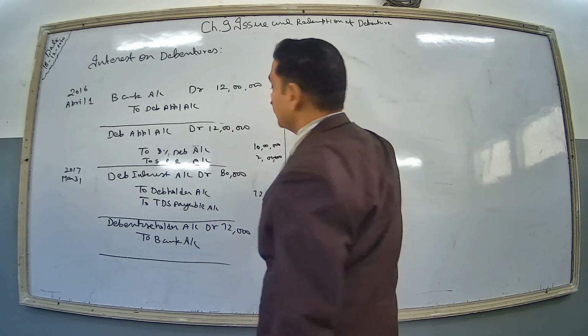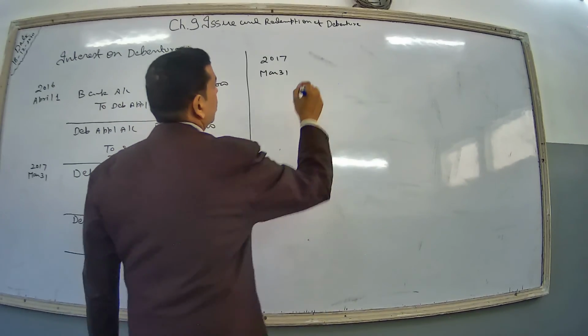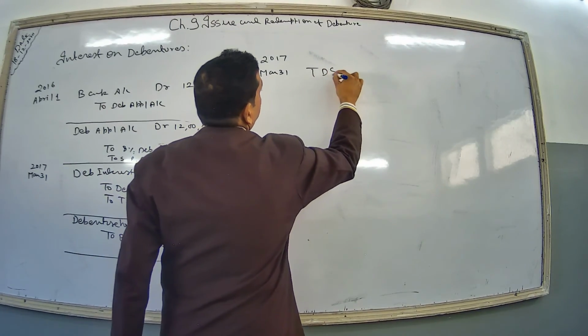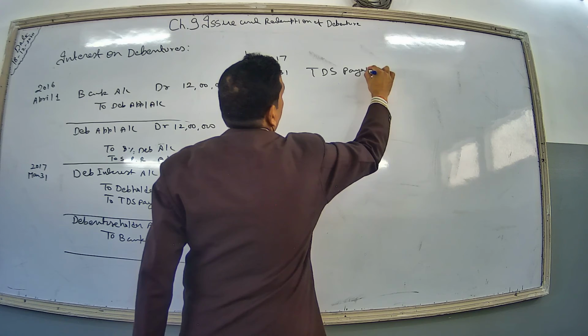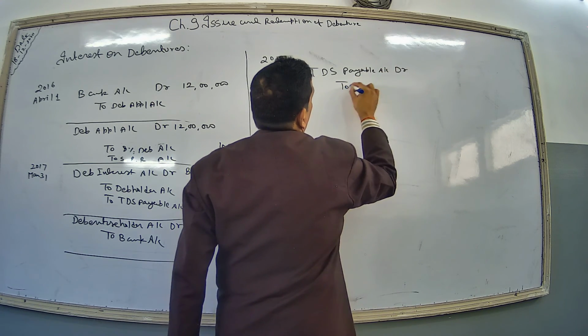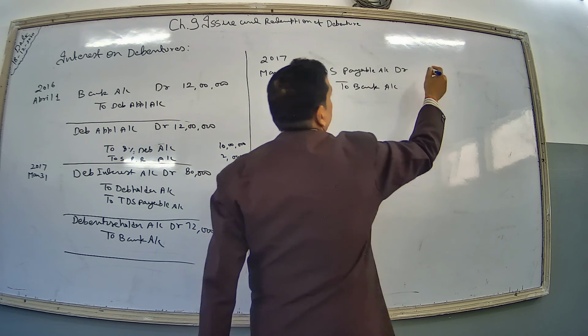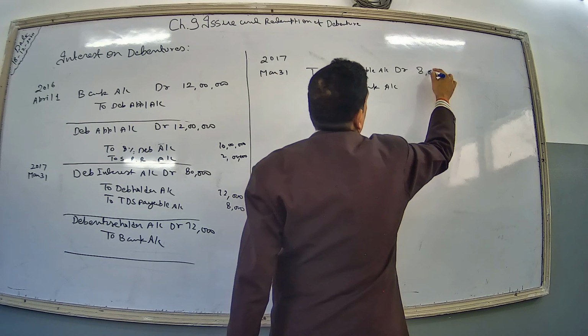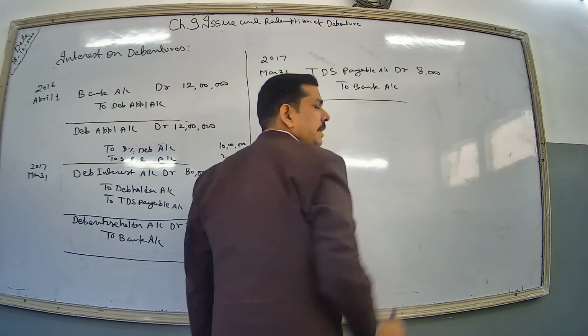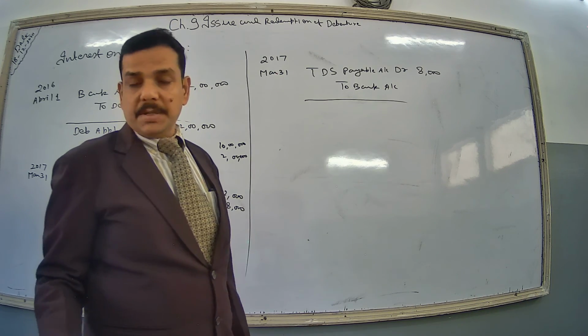The date will remain the same, 2017 March 31st. Okay. So TDS payable account debit to bank account. Okay. So this is 8,000. Right, being the TDS deposited into the government bank account or government treasury.